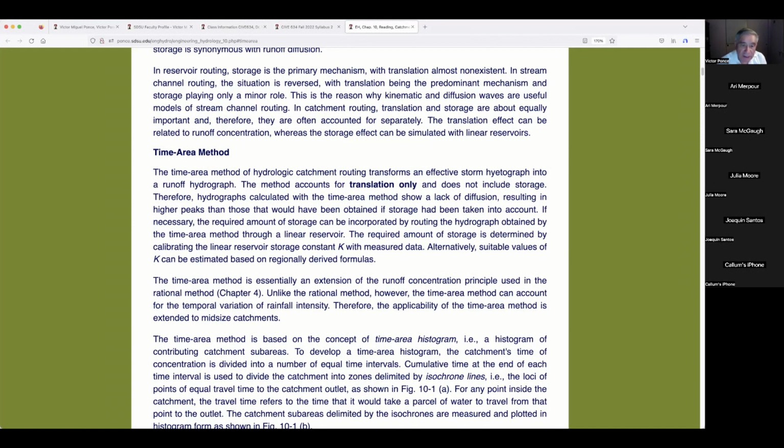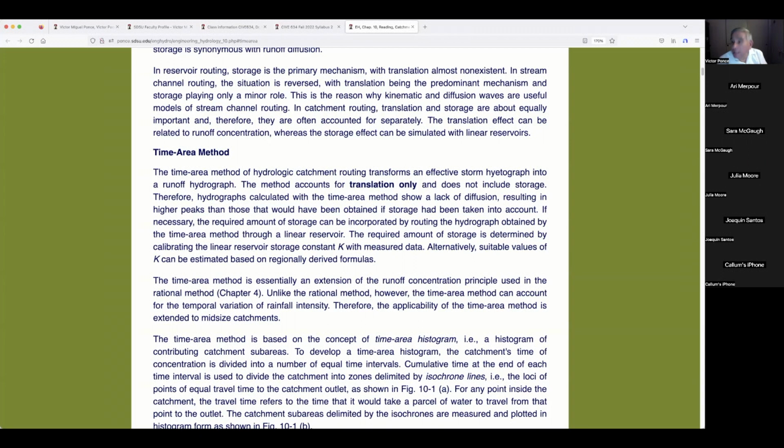Okay, so that's the story on the rationality of the rational method. So therefore, if the rational method has any rationality, and we believe it does, then the time area method also has rationality, because it's based on the rational method. However, the time area method does not have any diffusion.